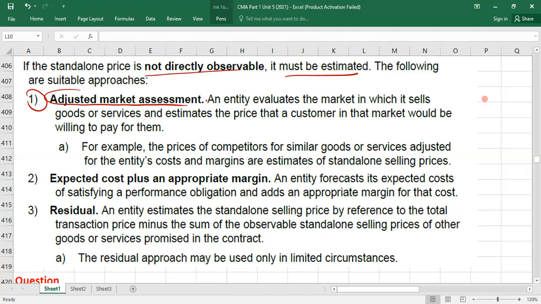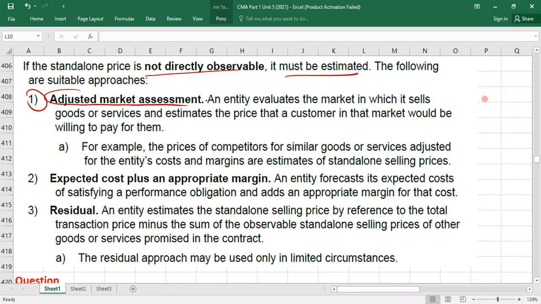What does it mean? For example, I want to sell a laptop, but I don't have a standalone price. Adjusted market assessment means I need to think, if I sell this laptop to the customer, how much would he be willing to pay.